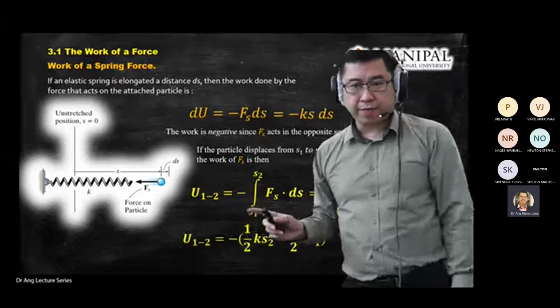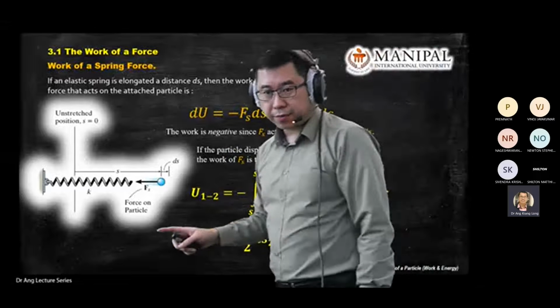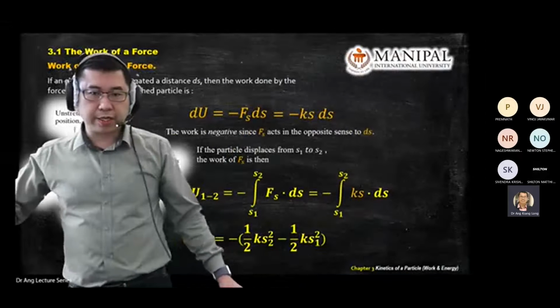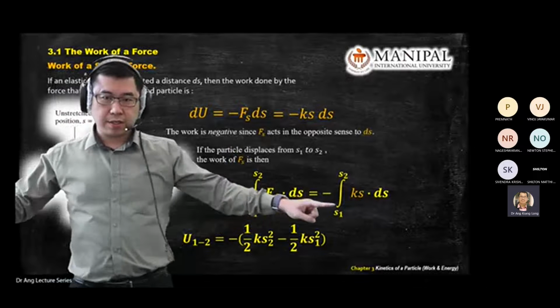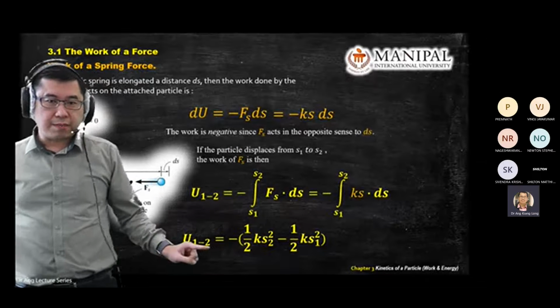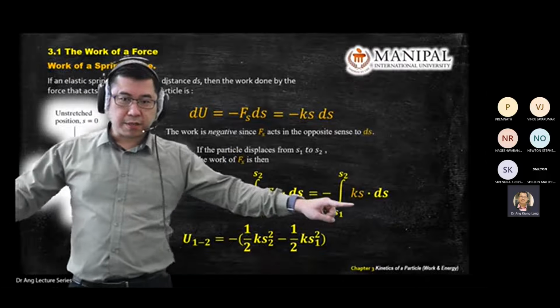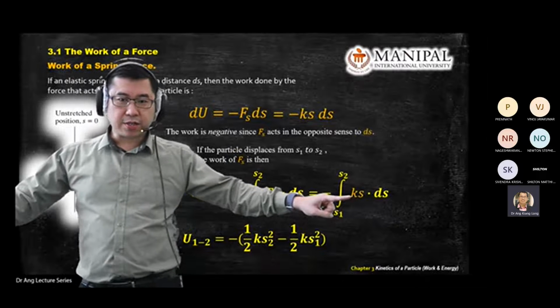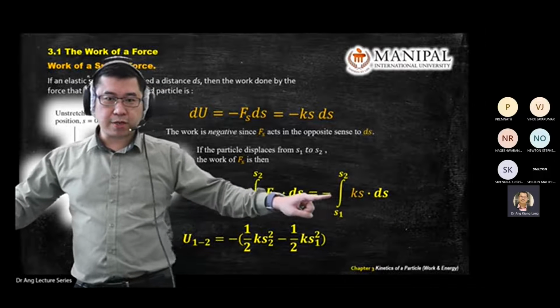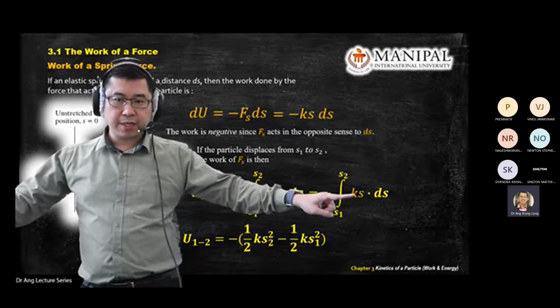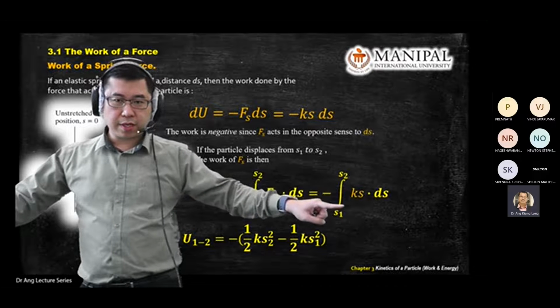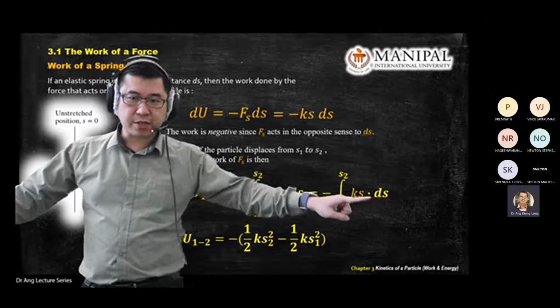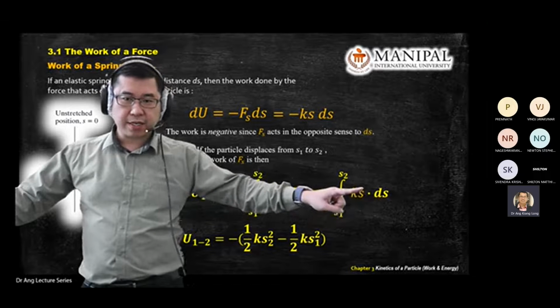So when you do the integration, you will get minus, because your k is a constant, you can either pull the constant out or it can remain. So when you integrate kx ds, actually you add something on the top here.